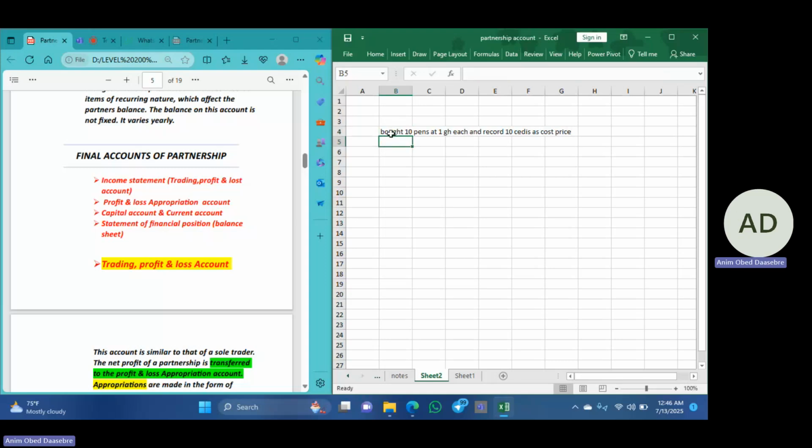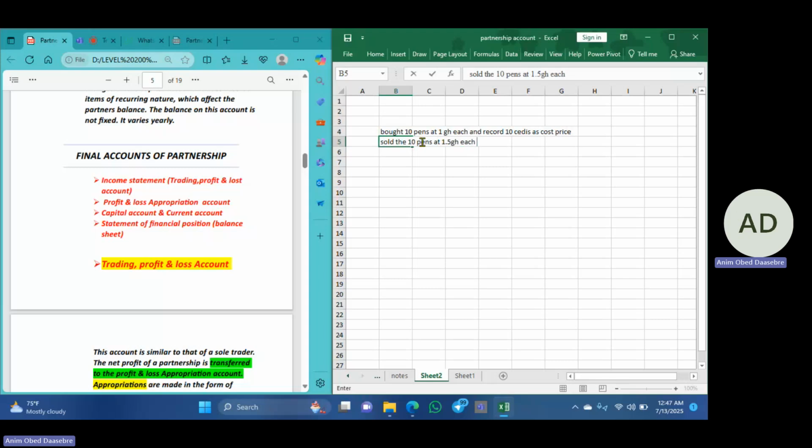Now, after recording this, we also sold all the pens. We added some profit margin to the cost price. So the cost price is 1 cedi, and we are going to sell the 10 pens at, let's say, 1 cedi 50 pesewas each.